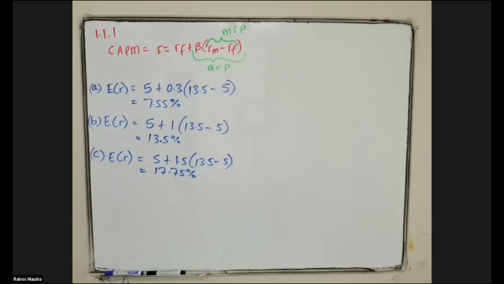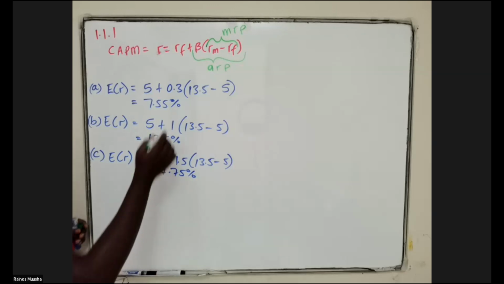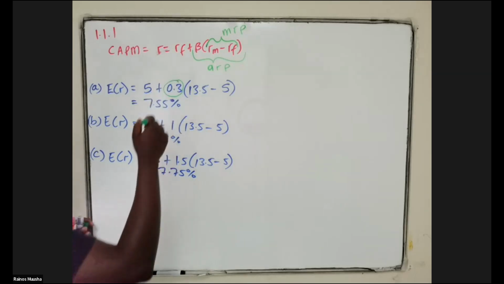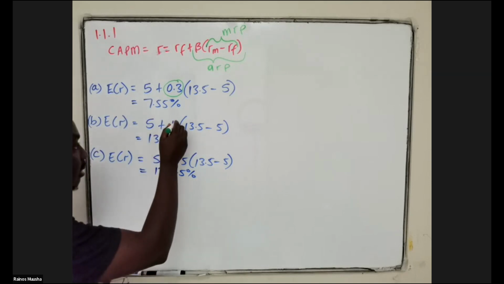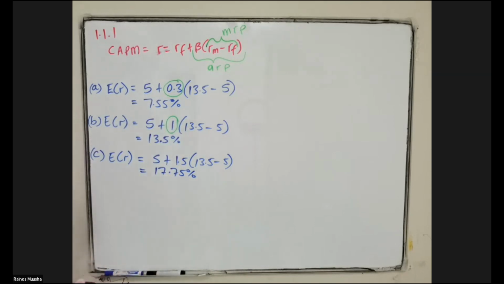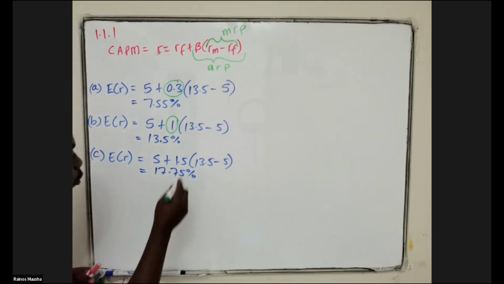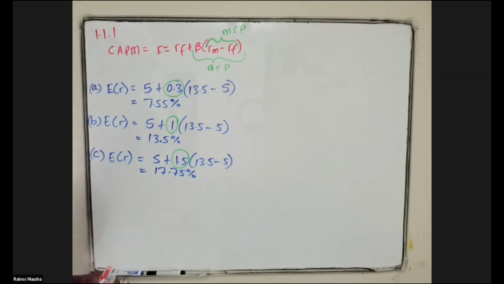So in scenario A, if the beta is 0.5, it means that the asset is going to have less systematic risk than the market, isn't it? And if the beta is 1, it would mean the asset would have the same systematic risk as the market. And if the beta is 1.5, it means it has more systematic risk than the market. So that's basically how you would answer the second part as well.